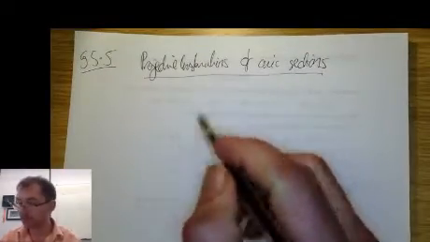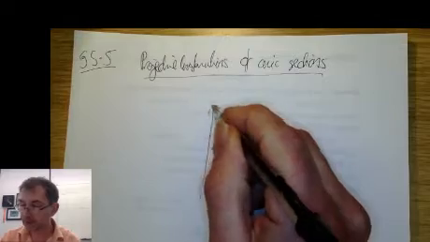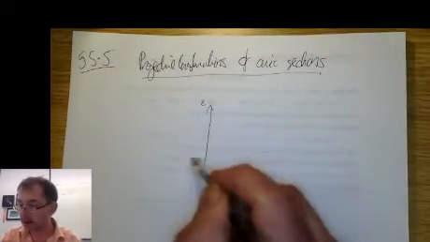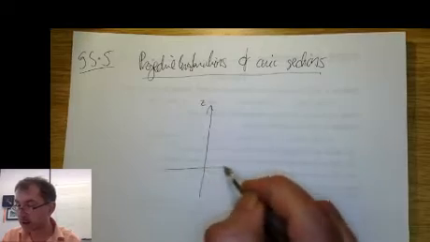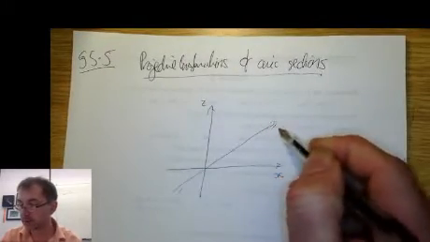So let's have a cone. This will be my z direction, and then let's take this as an x direction, and this is a y direction.